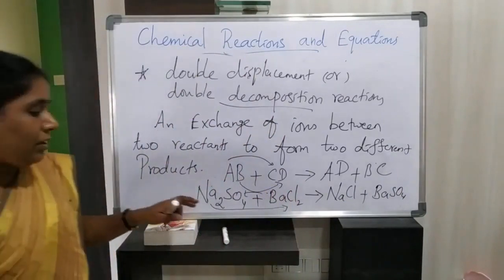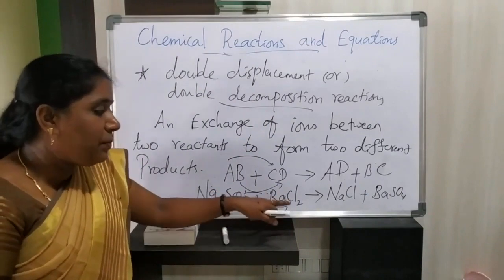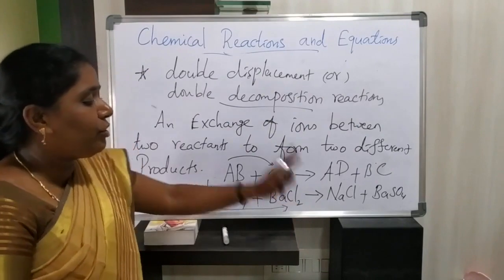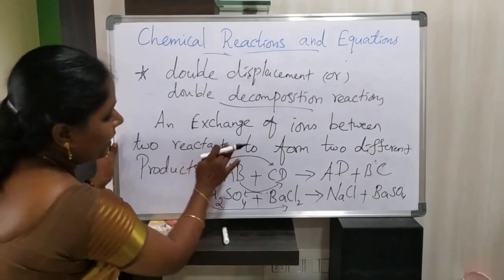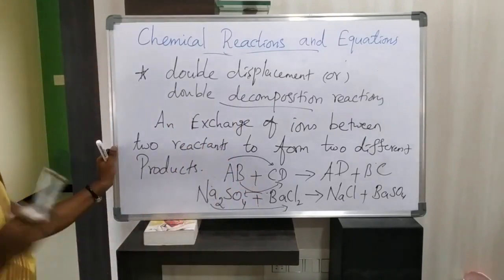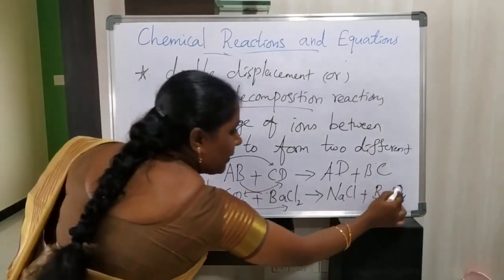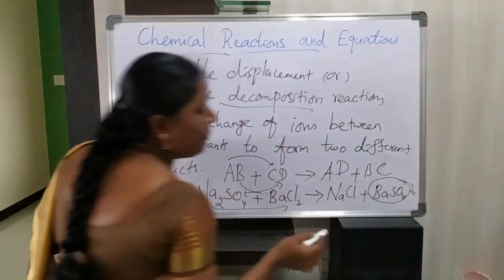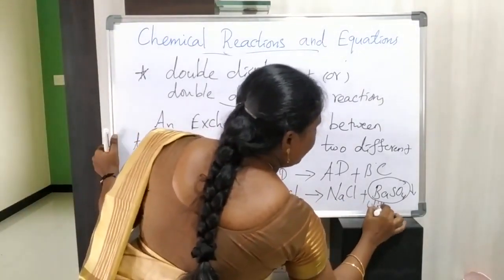Sodium sulfate combines with barium chloride to form sodium chloride and barium sulfate. In this reaction, barium sulfate is formed as a precipitate. Barium sulfate is a white precipitate.